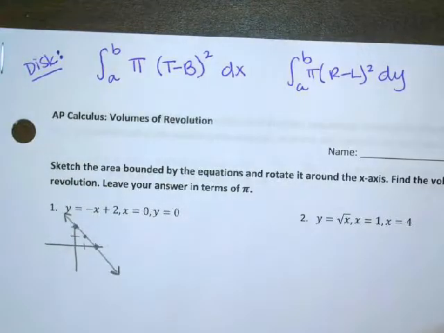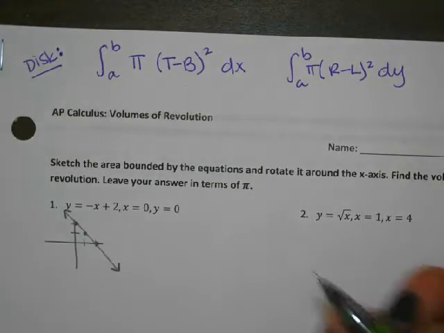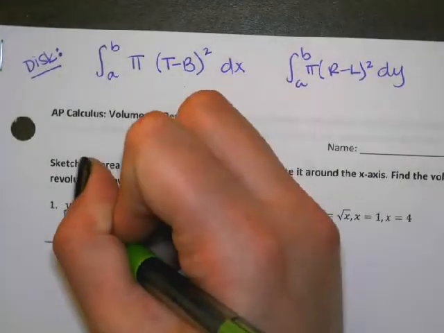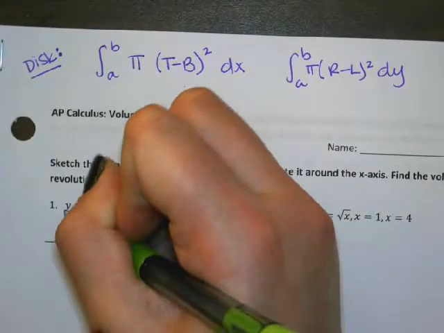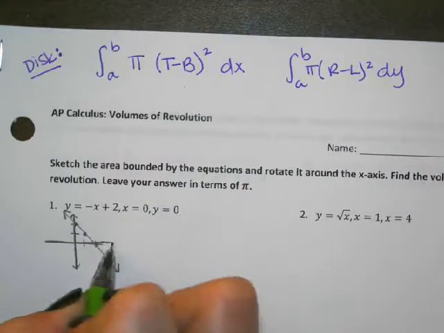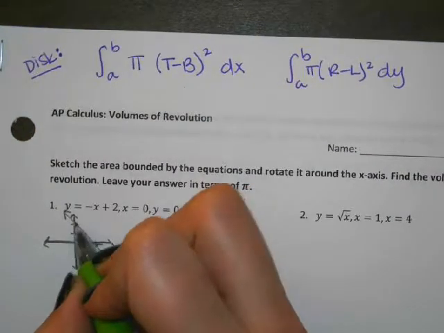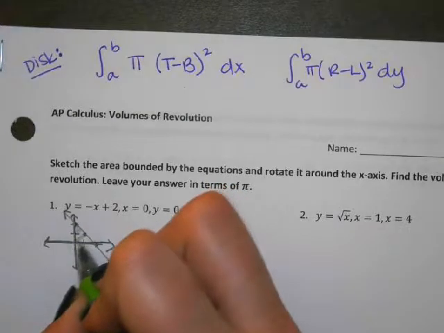And then what other lines are we going to draw? Okay, so x equals 0 is the y-axis. y equals 0 is the x-axis. So that means that the shape that we have is this right here.